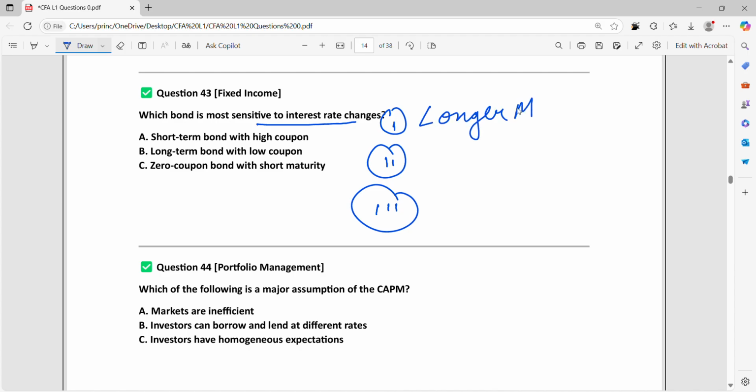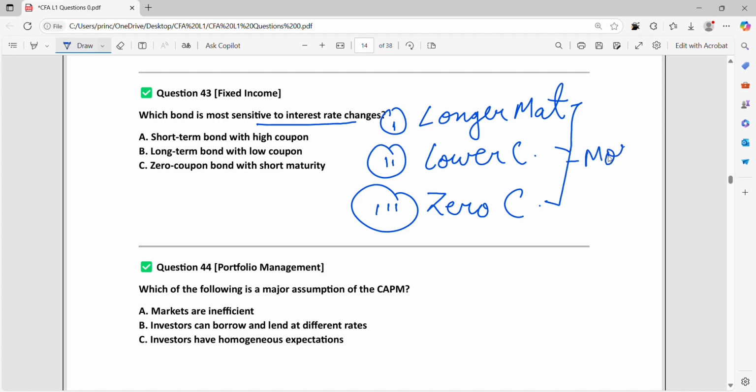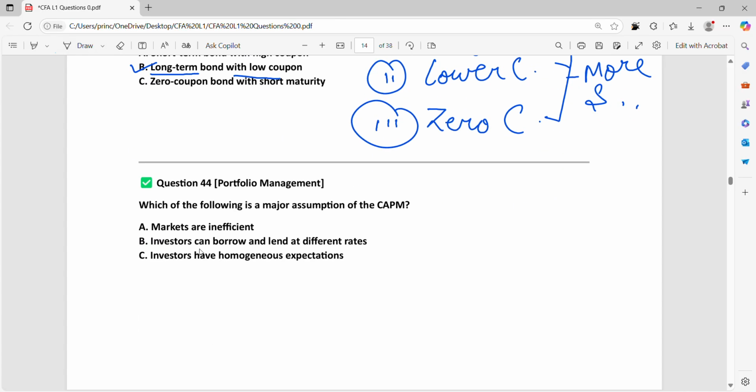Longer maturity, lower coupon, and zero coupon. In all three cases, we are going to have more sensitivity. So the correct option is longer maturity, longer term bond with low coupon. Option number B.